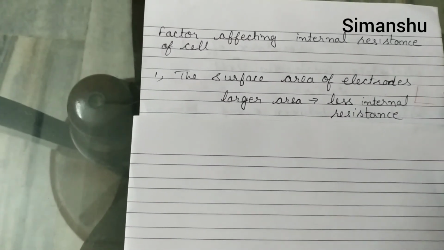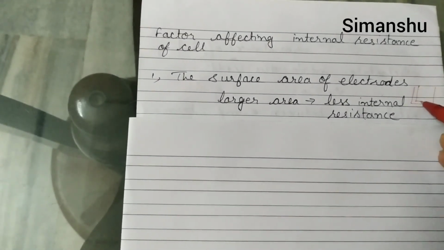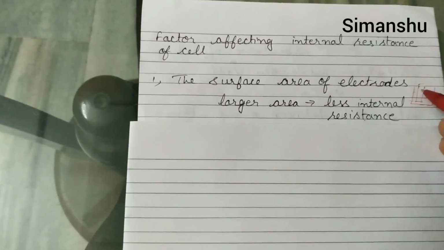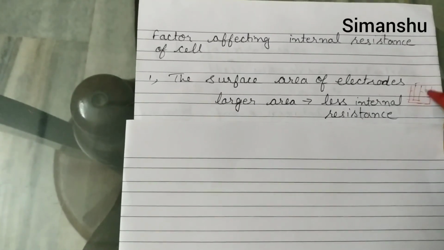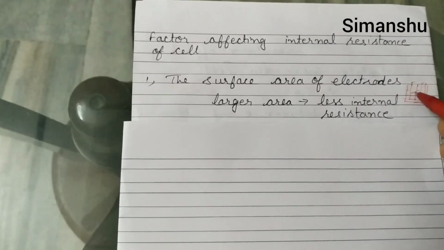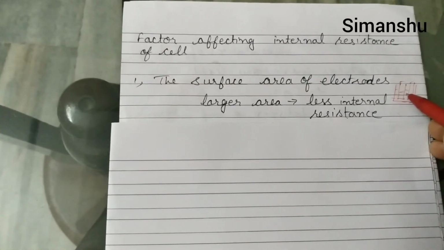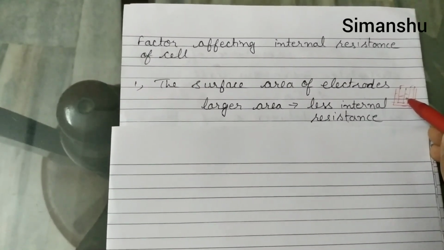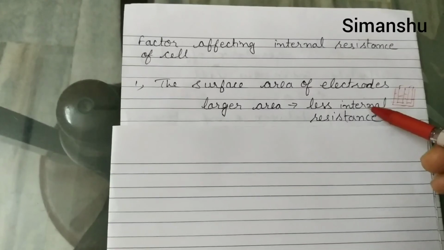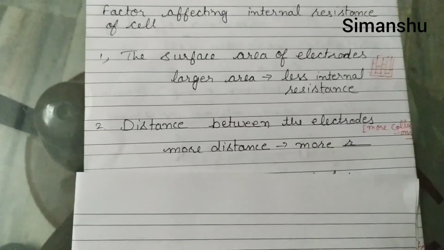If in the electrolyte, which is a liquid, more surface area of the electrodes is there, it means more area is in contact with the electrolyte. Hence, more ions can move, so the internal resistance will be less.